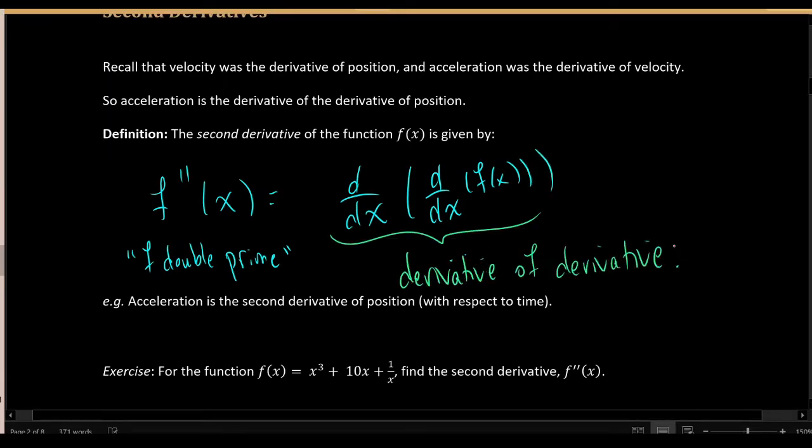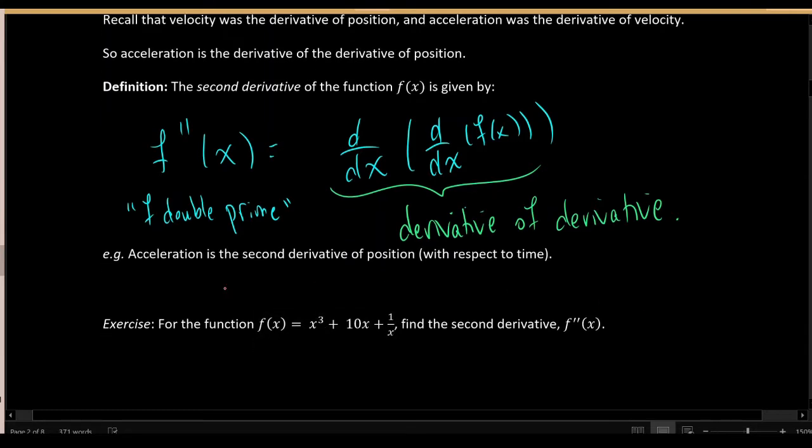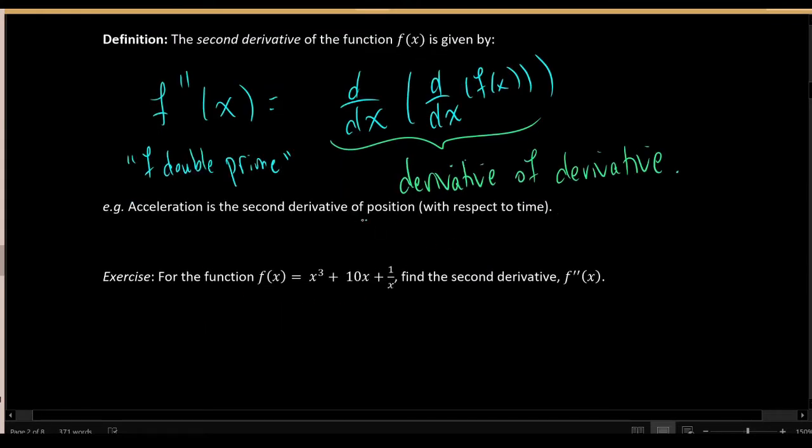As an example, acceleration would be the second derivative of position. If you were given the position function and you needed to find the acceleration, you would take the derivative of position once to get the velocity, and then you would take the derivative a second time to get the acceleration.